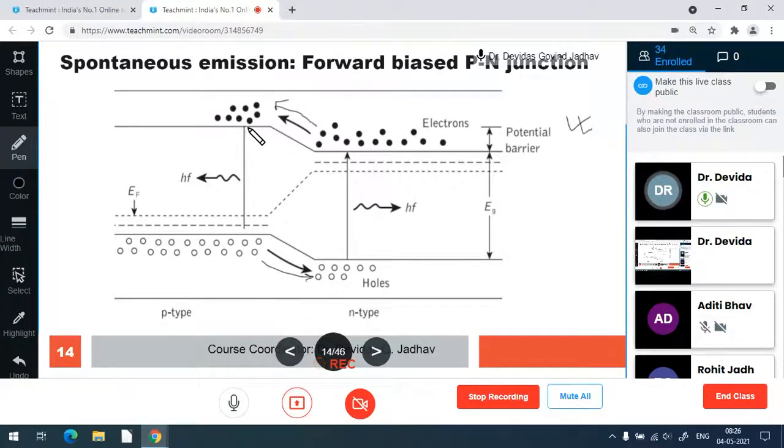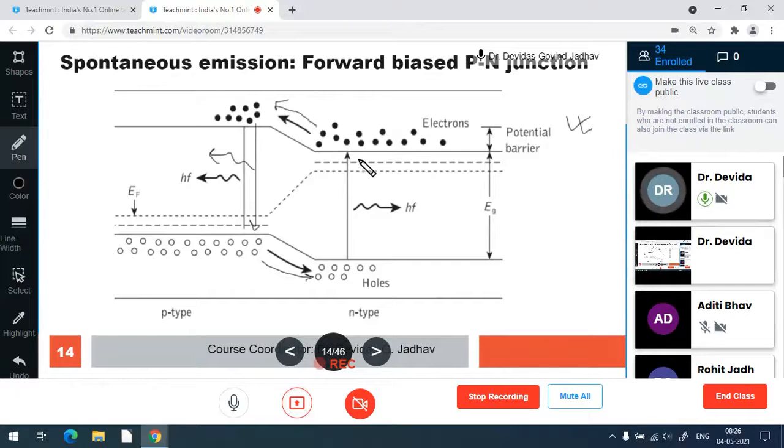The electrons in minority in P and holes in minority in N can recombine with the other type of charged particles. So an electron can recombine with a hole, or a hole with an electron, by emitting photons.